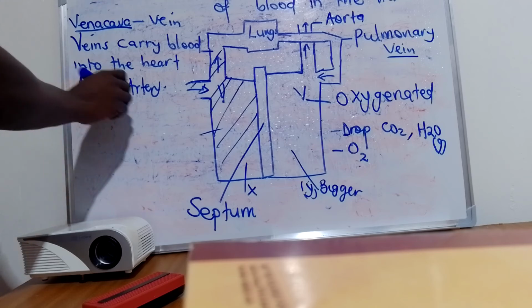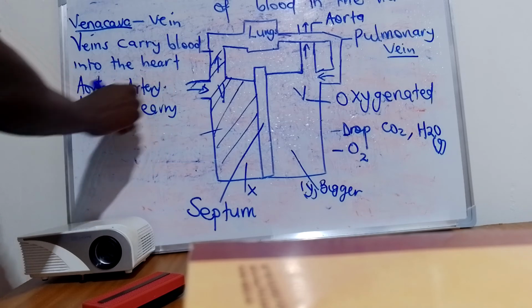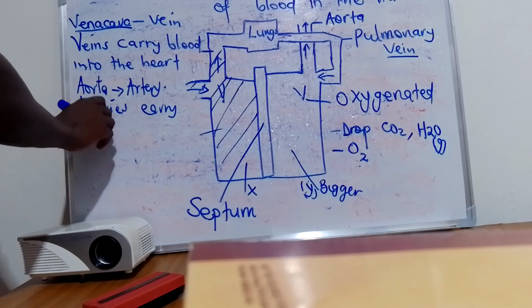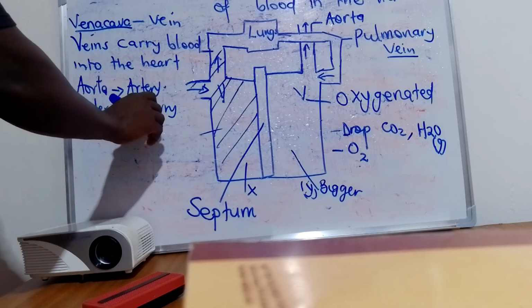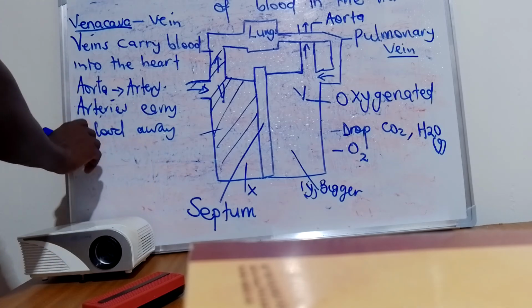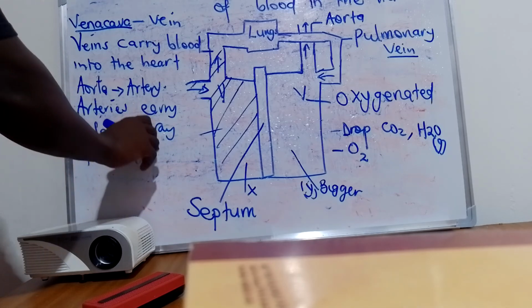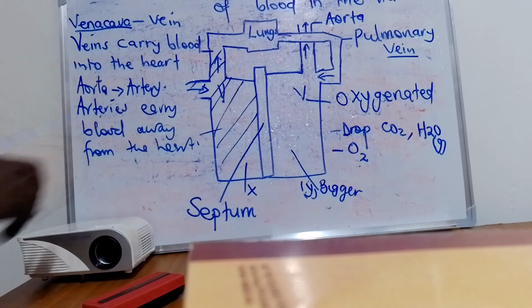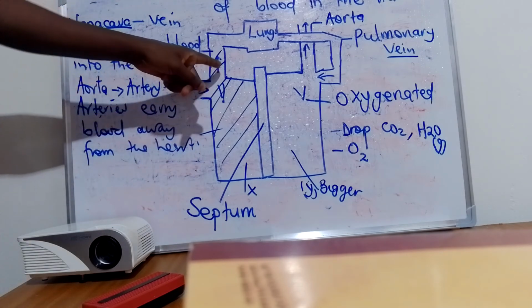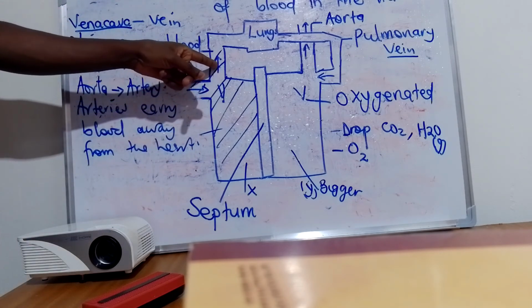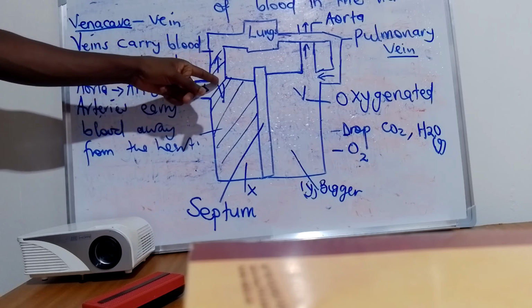Those are arteries. It's the reason why this one is called pulmonary artery, because it carries blood away from the heart.